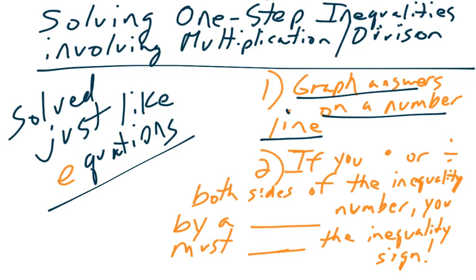The reason why we graph our answers is because usually there's a wide range of answers with an inequality, whereas with an equation there's usually one answer that satisfies it.